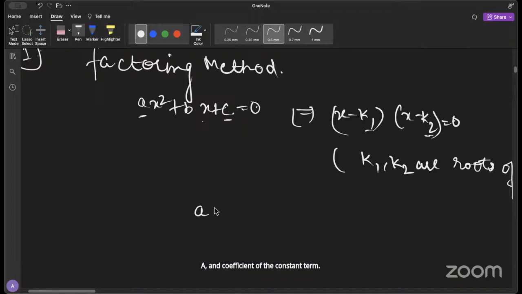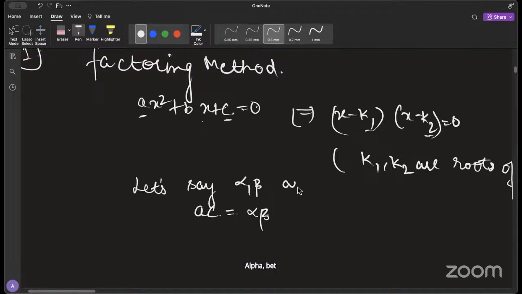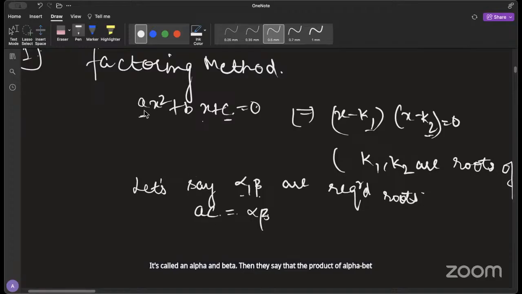So it's this ac. And your ac is equal to alpha beta, where alpha and beta are the required numbers. Then the product of alpha beta is equal to the product of ac.